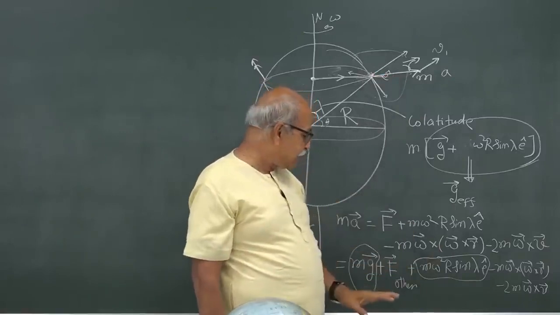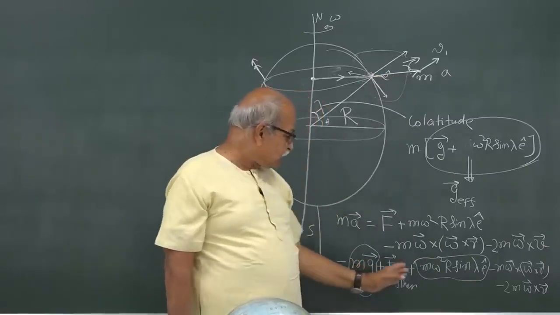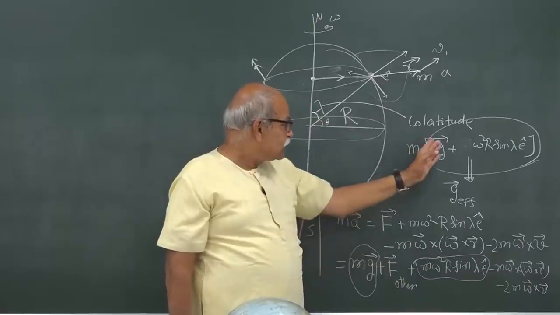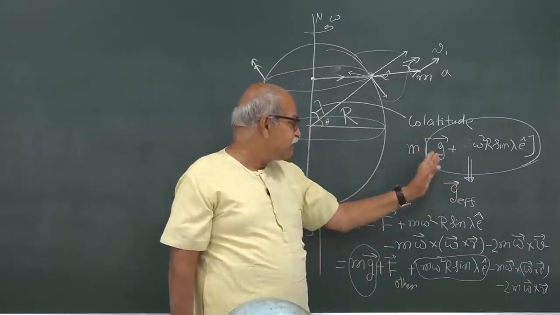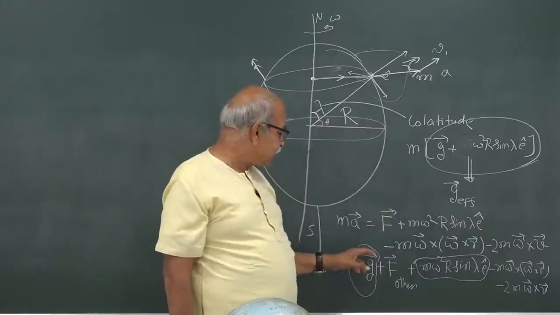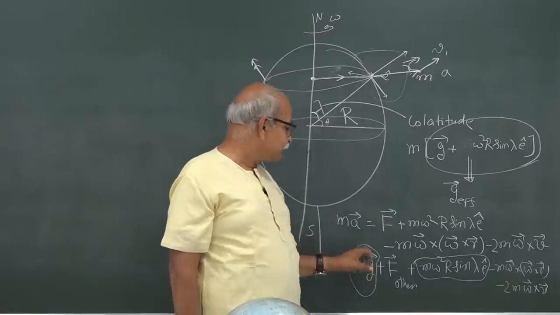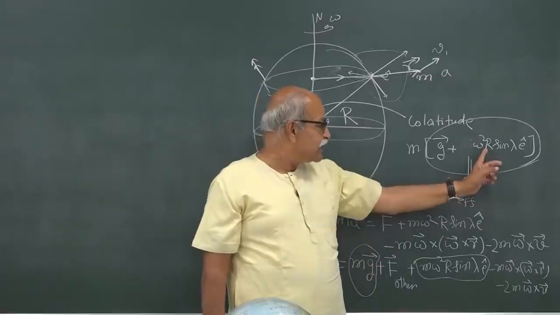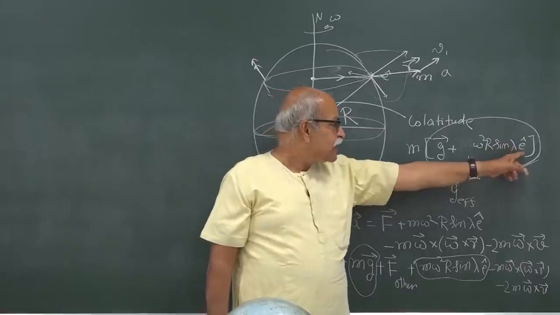So, this is the equation, and these two terms if I consider, I can write this as m into g effective, and g effective is the g which is in the vertically downward direction passing through the center of the earth, that is this, and together with this we have omega square R sin lambda E cap.